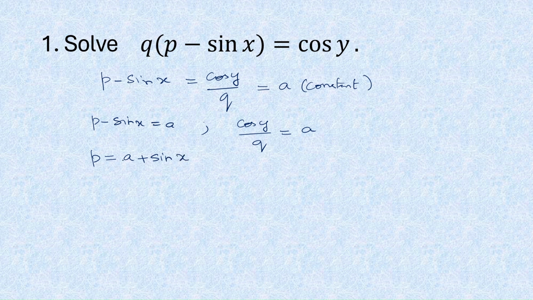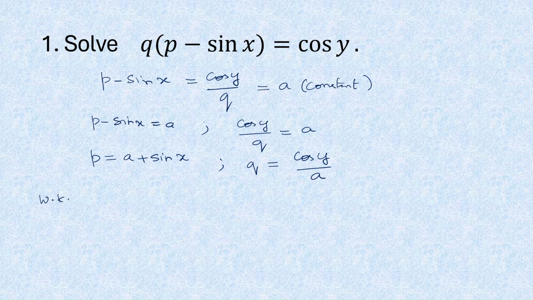So p is equal to a plus sin x, which is a function of x and a alone. Similarly, here we have to take q as a function of a and y. By cross multiplying q and a, we have q is equal to cos y divided by a. Now we are having q as a function of y and the arbitrary constant a.